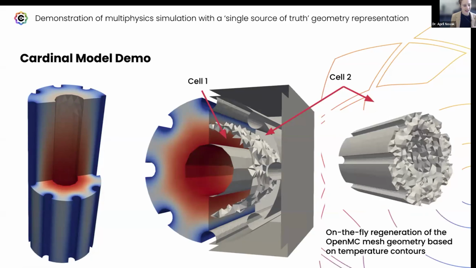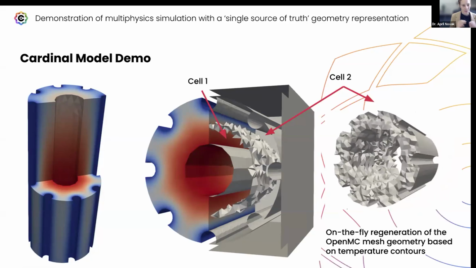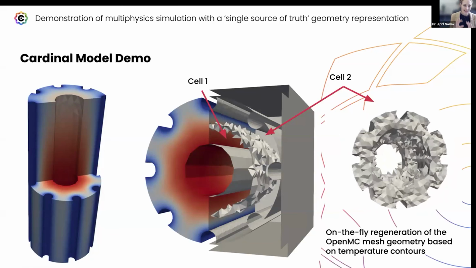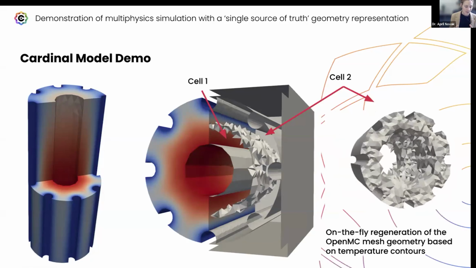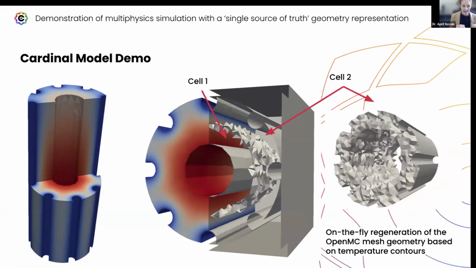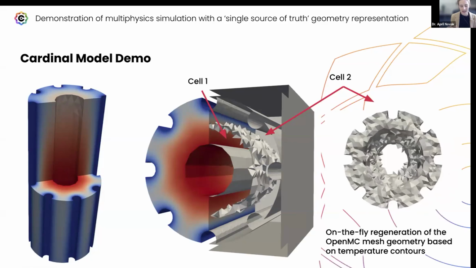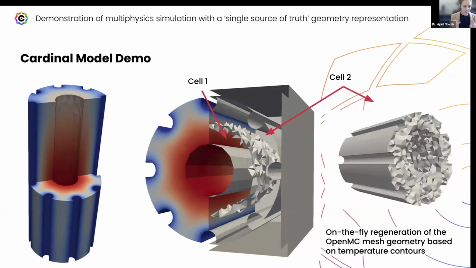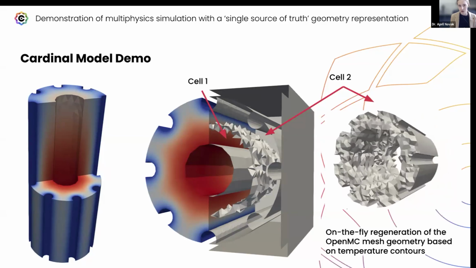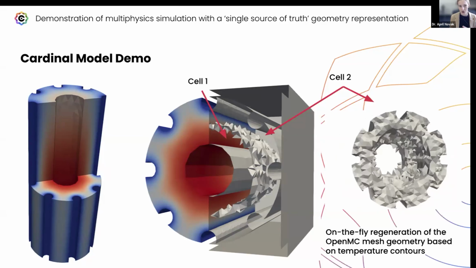It's continuous, varying in space. But the geometry we obtained from Cubit was a single cell, a single CAD body. So what we do in Cardinal is that we actually contour the initial Cubit mesh that we take according to temperature feedback in order to, on the fly, make our cells smaller and smaller to resolve temperature feedback correctly.